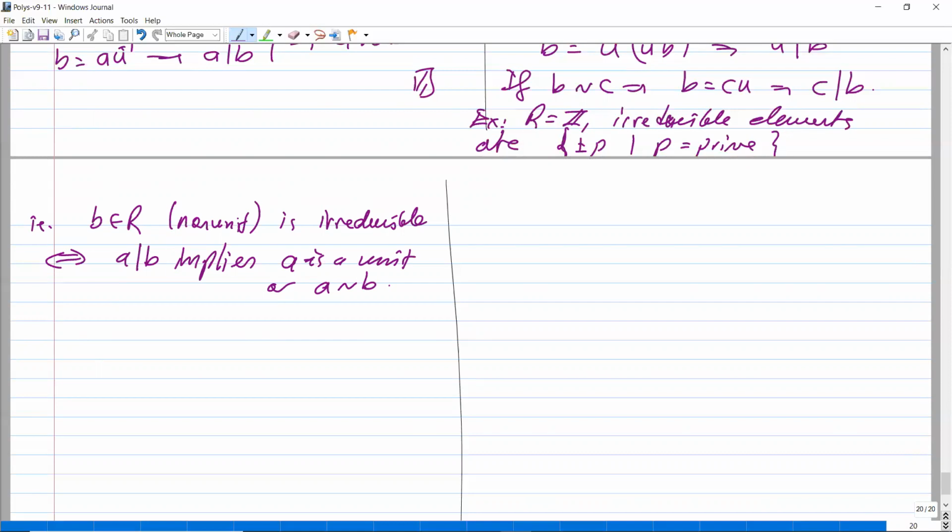So here's one more definition. Suppose P is a non-zero element in R, and P is not a unit.